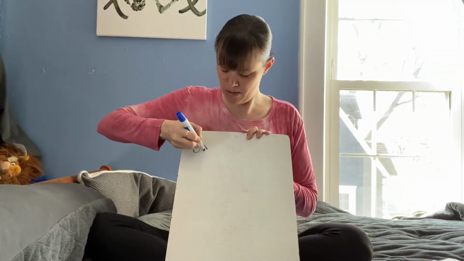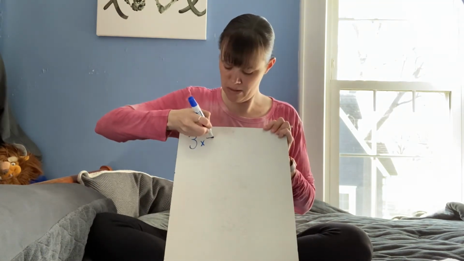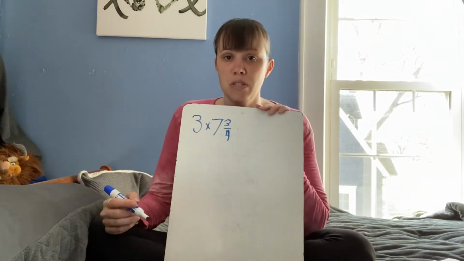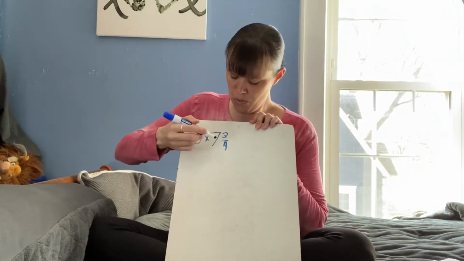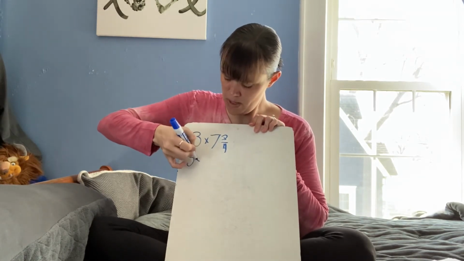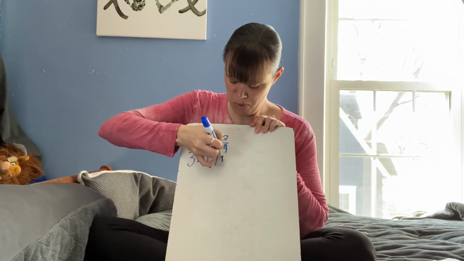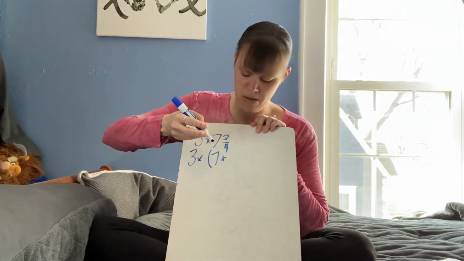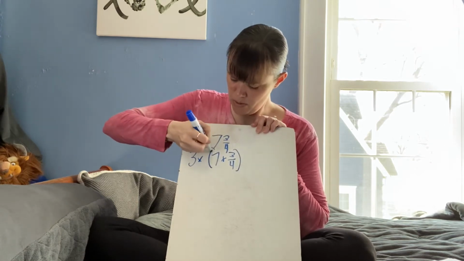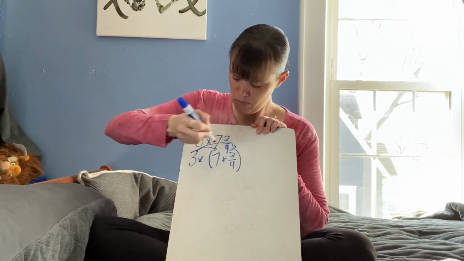3 times 7 and 3/4. Okay, first thing I want to do is separate my mixed number. 3 times 7 plus, is it 3/4? Yes. And then I distribute this 3 to both of those.